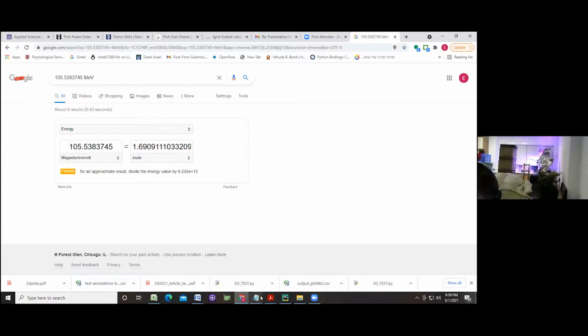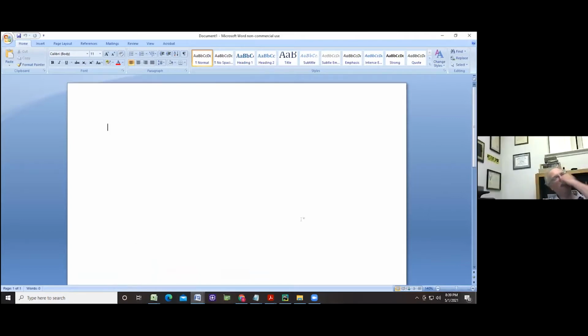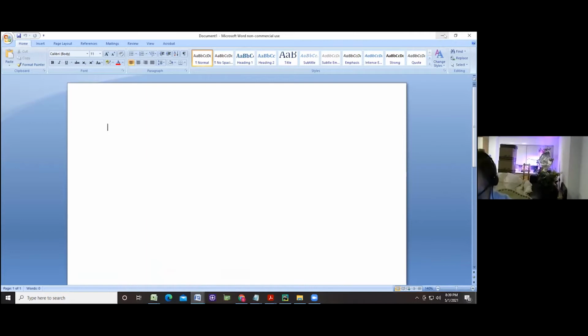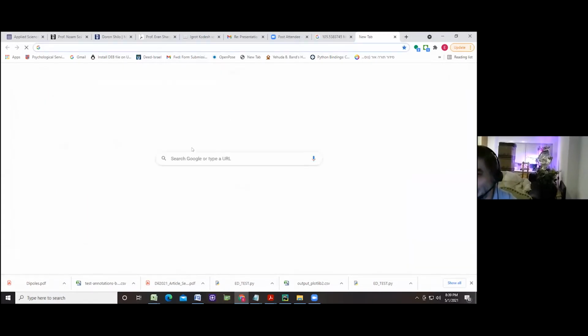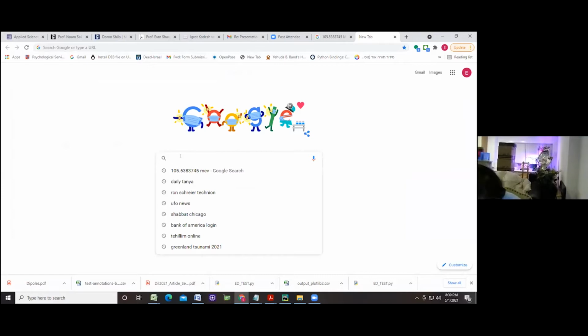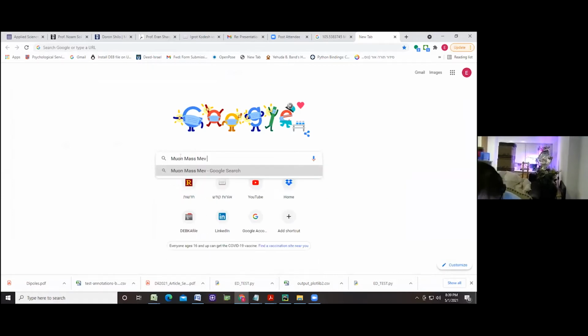Okay, so I think it's less than that. What was then the paper? Because I did find the ratio was a little more than 200. Yeah, it's a little more than 200. That's exactly what I get. I get the exact number, but I don't remember where I found it, but I found it in 2014. Muon mass in MeV from 2014. Let's look for it. That's all I find.